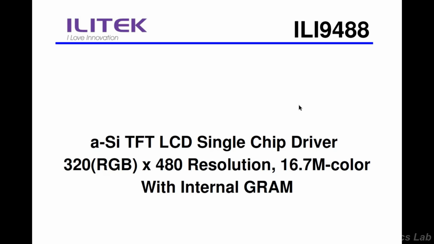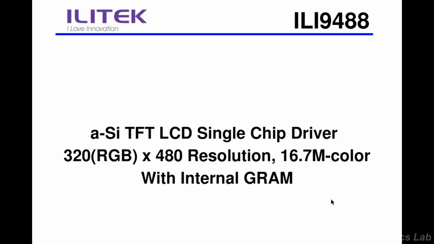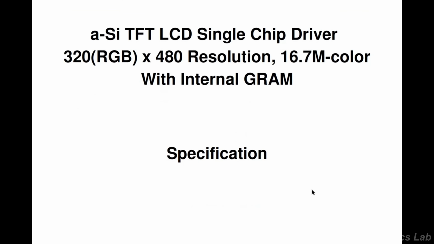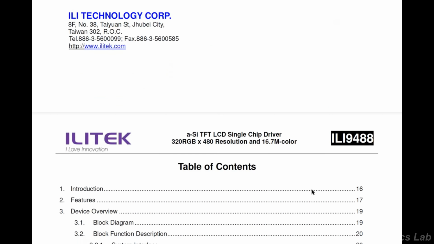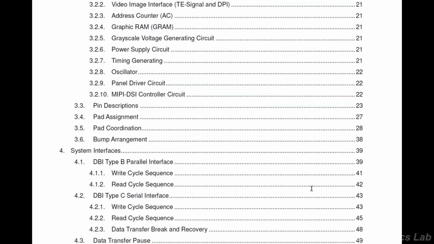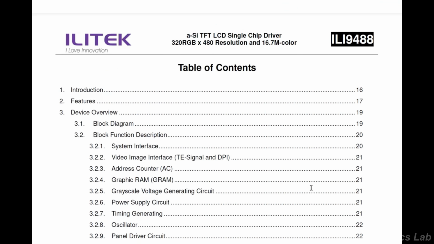And each pixel is a specific location in the graphics RAM. You can have up to 16.7 million colors, that's with the full 18-bit interface. And we're using 16, so we're going to be lower. We're not going to have 16.7 million, but you can get 16 million colors.